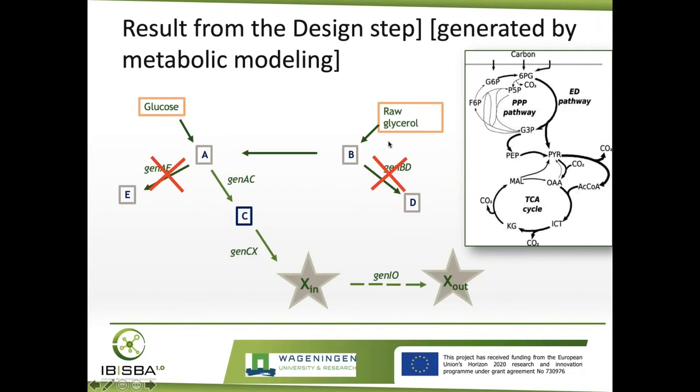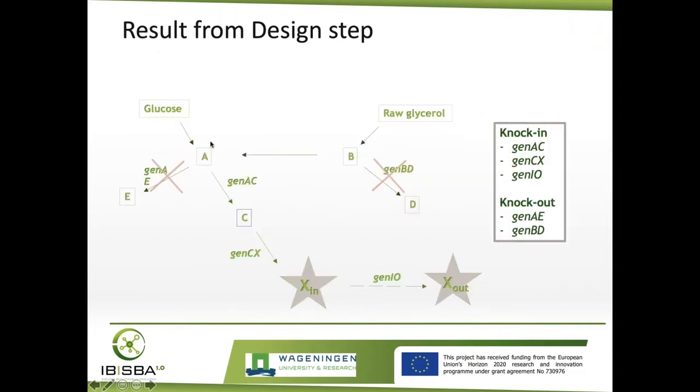And if you need to have the product exported, for example, to get out of the cell, one needs to implement a transporter system into the system. So if you go into the design, we see that we have to knock out these two gene systems, and we need to make knock-ins of these three systems, these two enzymatic systems and one transport system.